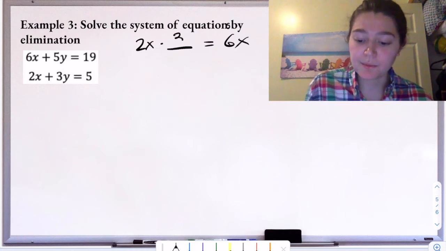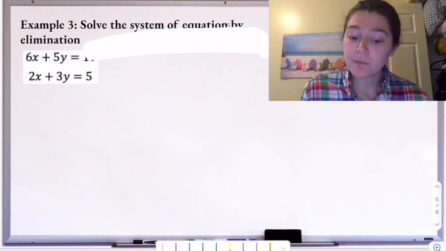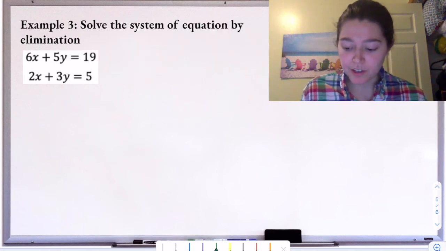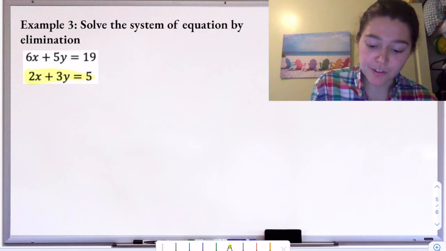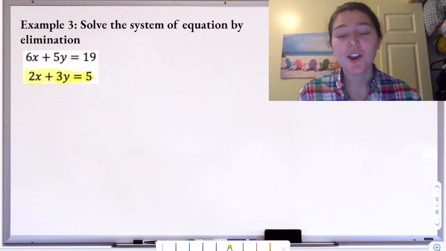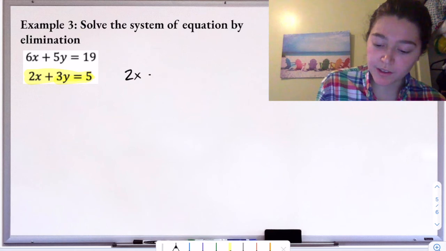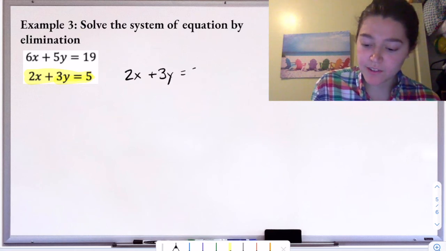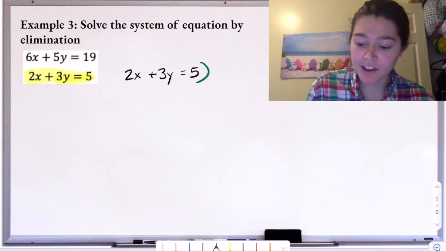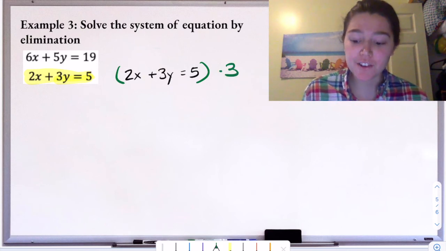Yeah, 2x times 3. But we can't just multiply that by 3. In order to keep an equation true, we know what we do to one side, we must do to the other. So we're going to take that second equation, 2x plus 3y equals 5, and we multiply the entire thing by 3. So that means every single term.